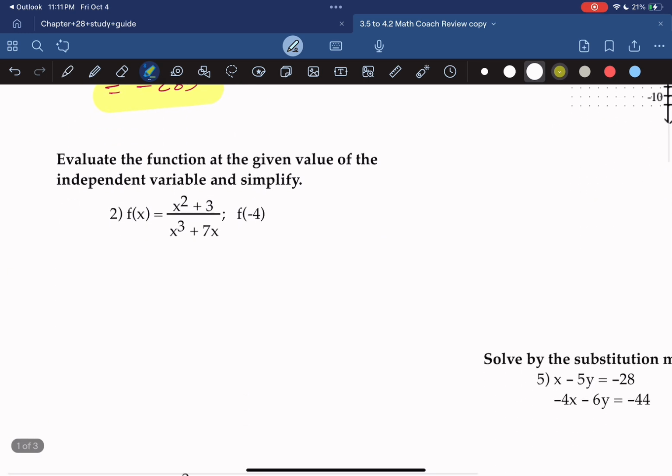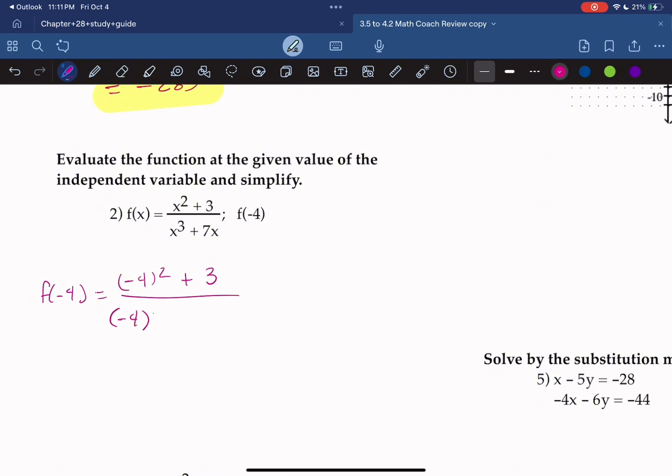Number 2, evaluate the function at the given value of the independent variable and simplify. It's the same thing, just a slightly different format, so let's do it. F of negative 4 equals negative 4 squared plus 3 over negative 4 cubed plus 7x.